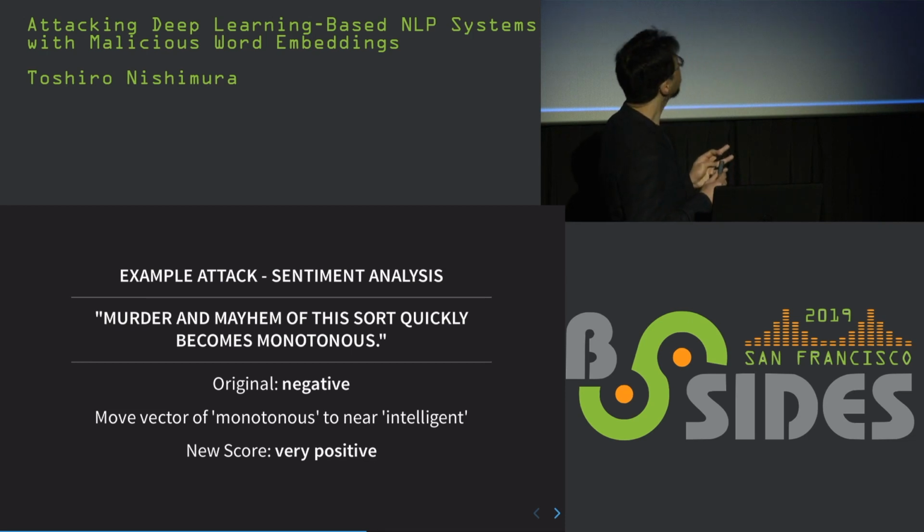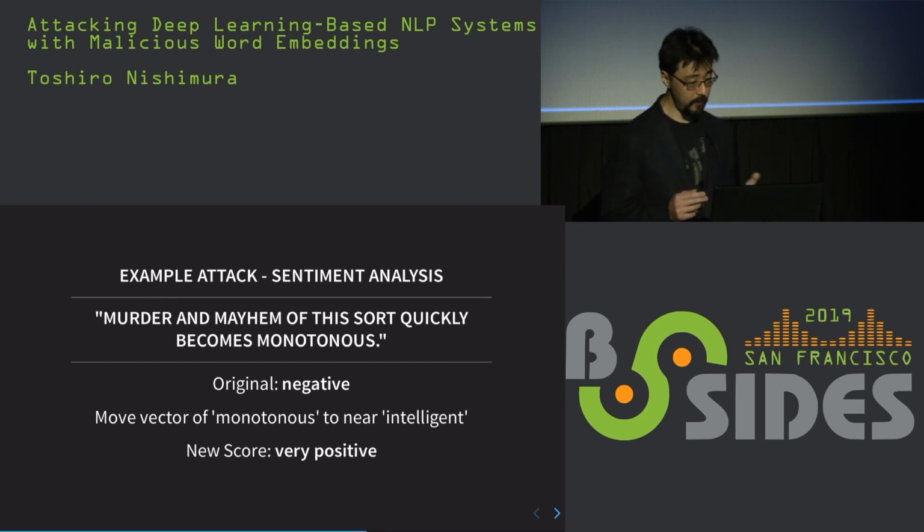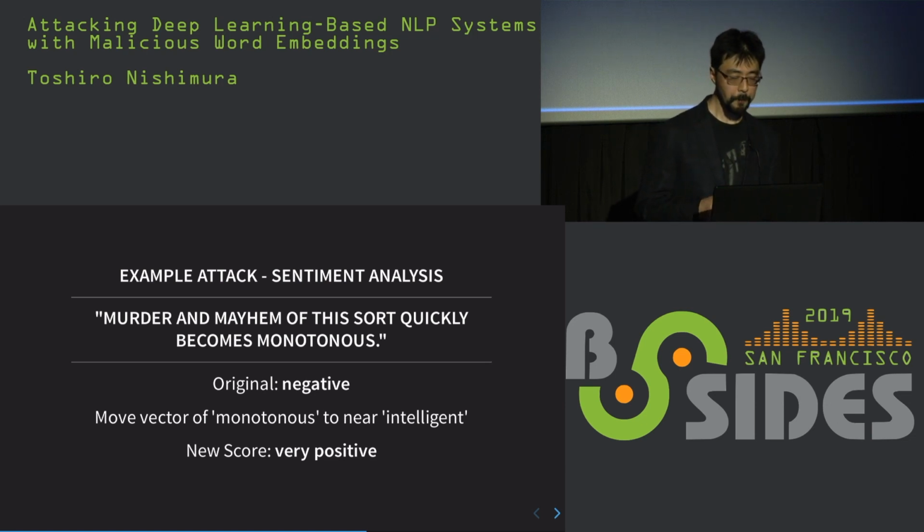And I wondered what I could do with the sentence, "murder and mayhem of this sort quickly become monotonous." Now, this is probably from a review of a cliche action movie or something like that. And properly trained with no tampering, the system properly applies the sentiment negative to this. And I wanted to see whether I could flip the verdict for this particular test case.